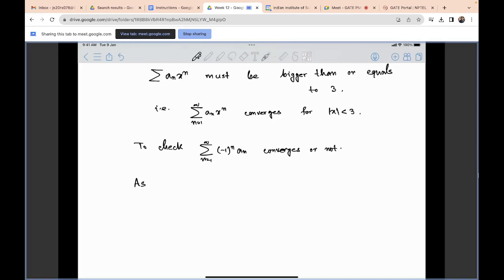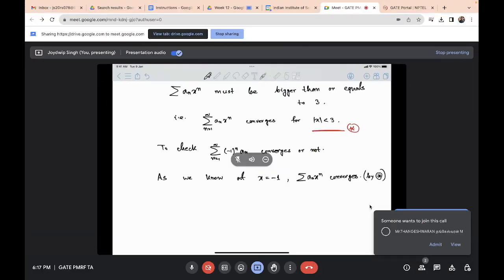As we know, at x equals to -1 summation an x to the power n converges by star, let me call it star. This is by star, right?